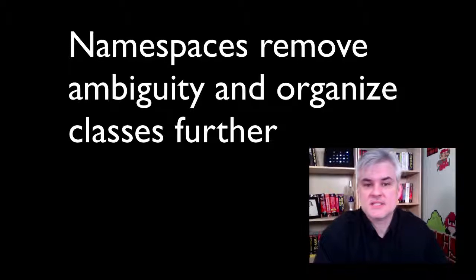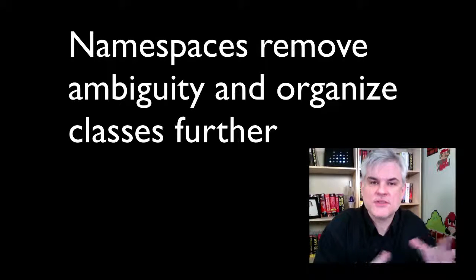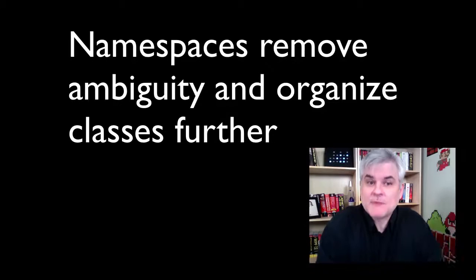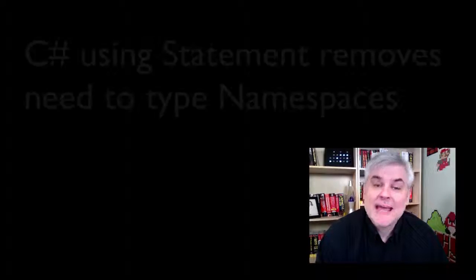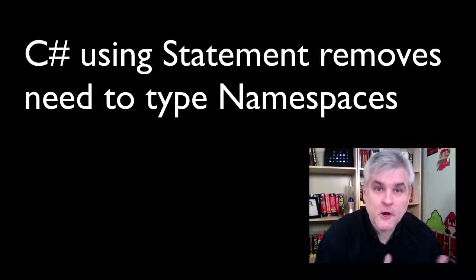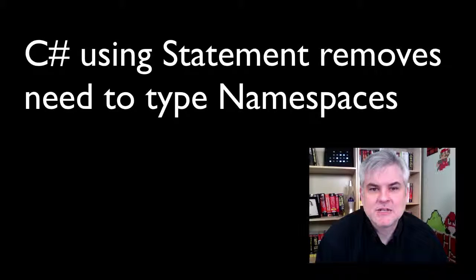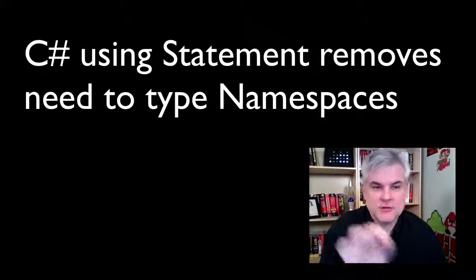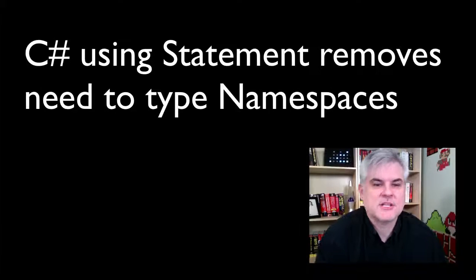It helps to organize their library of code, this massive library, into some logical containers that help you find what you're looking for so that you can more easily memorize and find the methods that you actually need from the framework class library. Number 6, you can add a using statement, typically at the very top of the code file that you're typing in, so that you don't have to type that entire namespace that would be used by the classes and the methods that you're attempting to use.